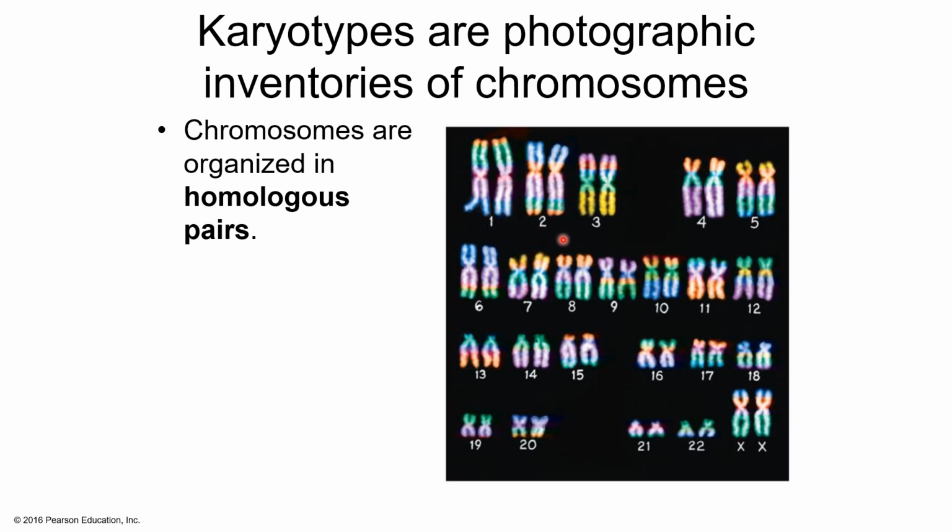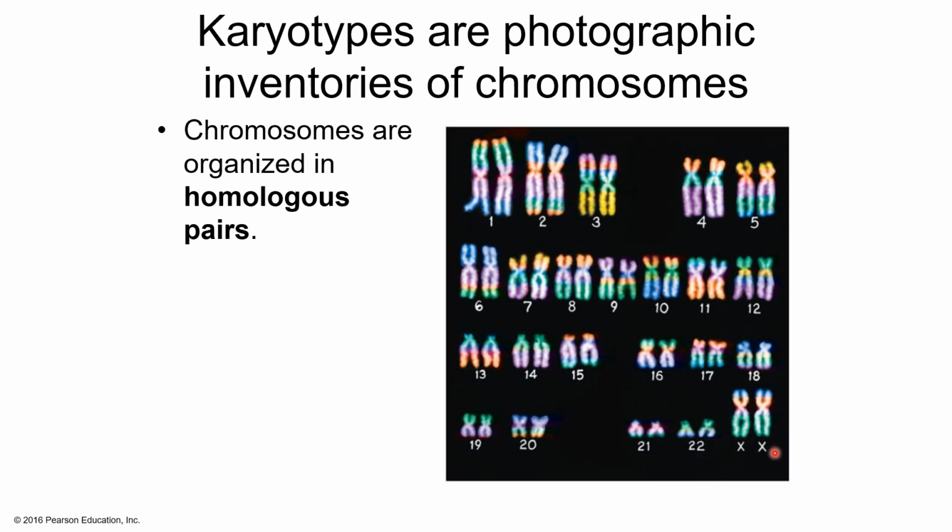And this is a normal karyotype. And how do you know that nothing is wrong with this karyotype? It's because you can see that for each chromosome, you actually have 2 copies. We say that the first 22 pairs are known as autosomal pairs.